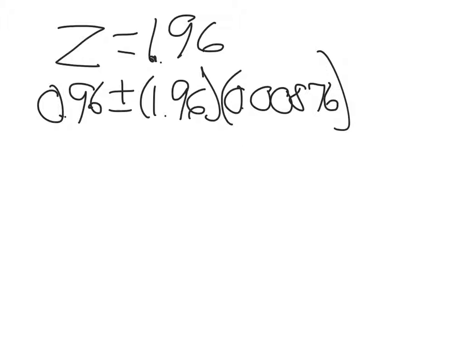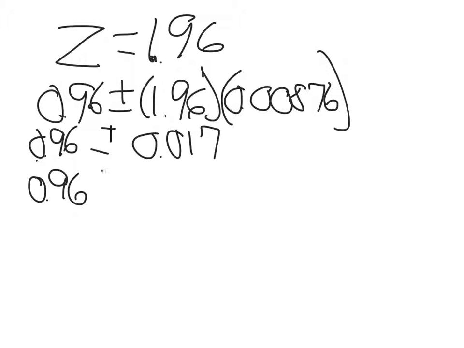Okay? Then we're going to start putting things together. I'll multiply that last term by 1.96. And that's going to give me 0.017. And now I'm going to round up, and I'm going to have 0.02. Okay?